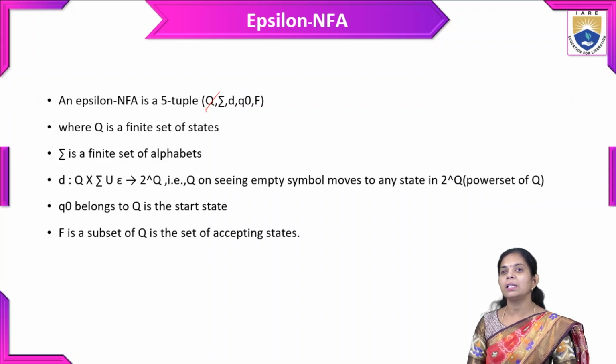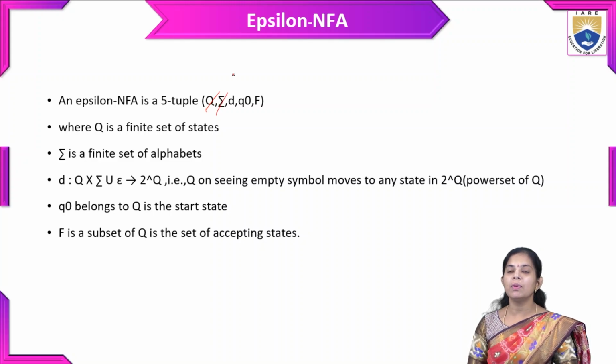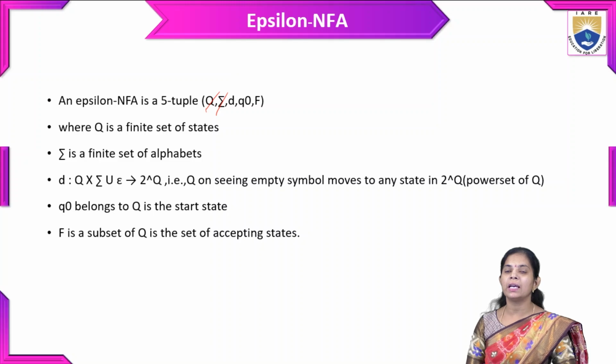To construct a finite automata, how many states are required, whether initial state or final state? Those all come under the capital Q, which is a finite set of states. Sigma is the input values or alphabets with which we form the language, so we can form strings in that language.